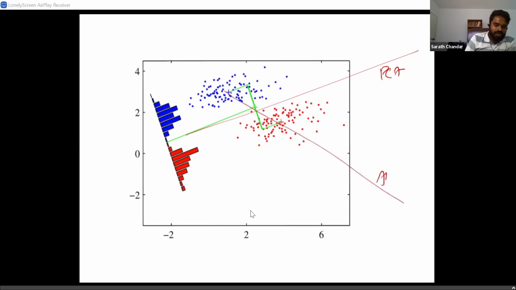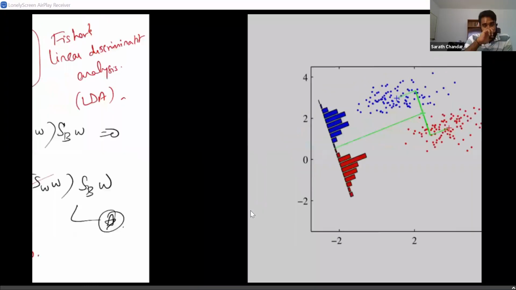It's the algorithm one solution, right? On the other hand, if you look at the LDA solution, which is given by this green line, you see that when you project the data onto this green line, you actually have perfect separation. Okay, is that clear? So this is known as Fisher's linear discriminant analysis.